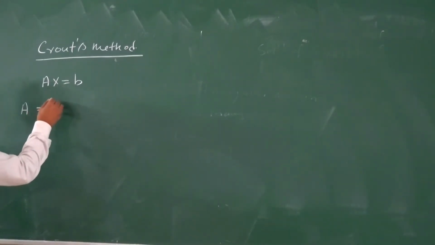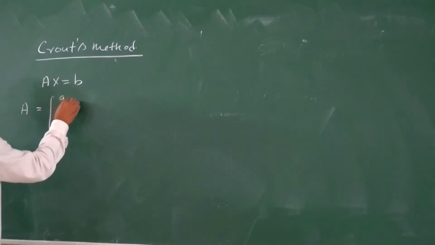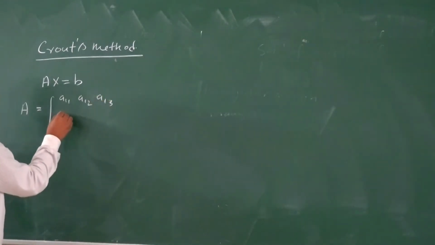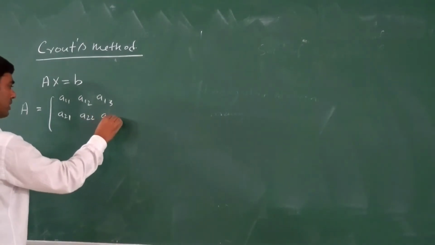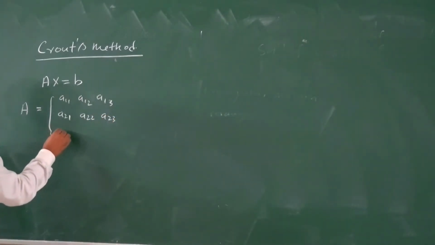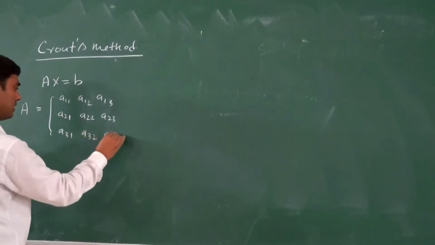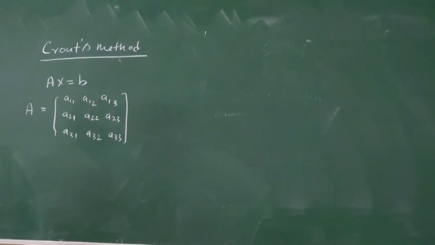So suppose A is A11, A12, A13, then A21, A22, A23, and next A31, A32, A33. This is A.